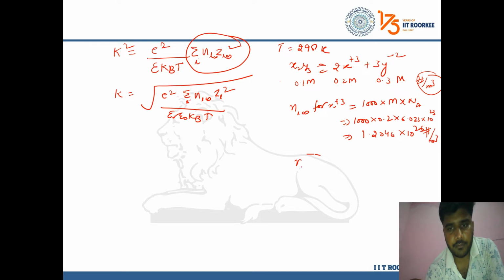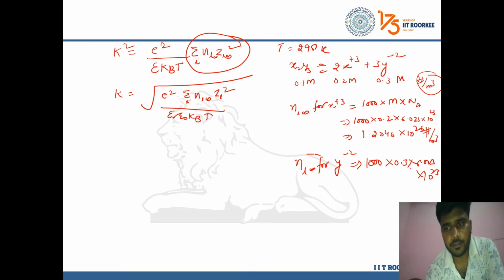Similarly, you have to calculate this value for the other species, 0.3, which gives 1.806 times 10 raised to 26.